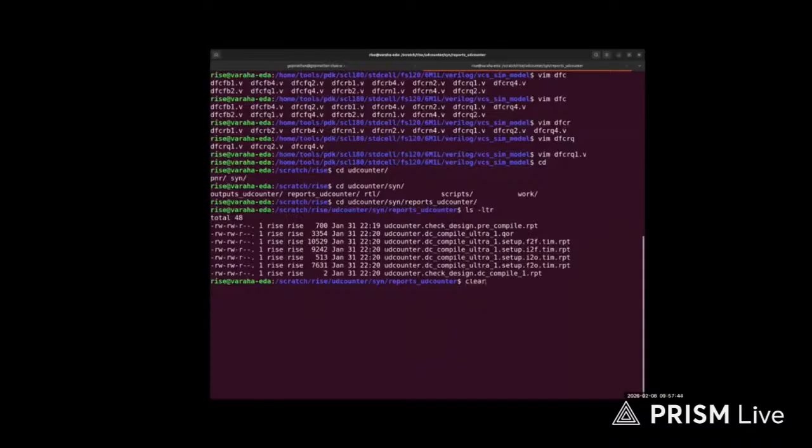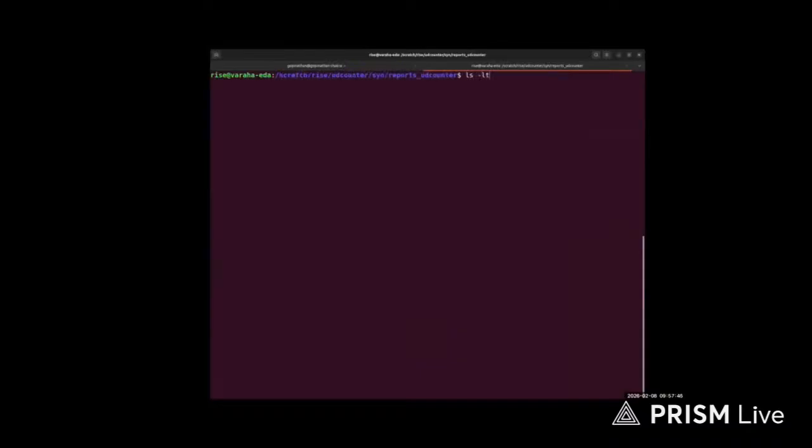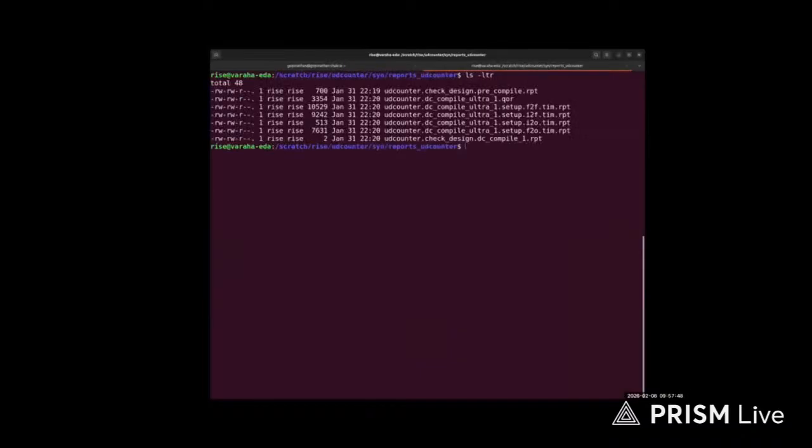There will be some set of reports. Through this, we'll be able to analyze whether my design is able to meet the required frequency, all those things. So if you see here, I have 4 reports: flop to flop, input to flop, input to output, and flop to output for this up-down counter. Let us see one by one.